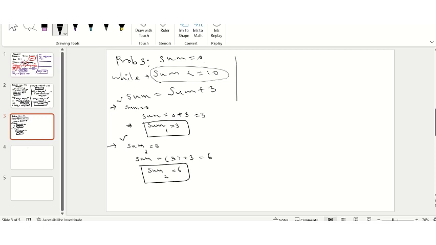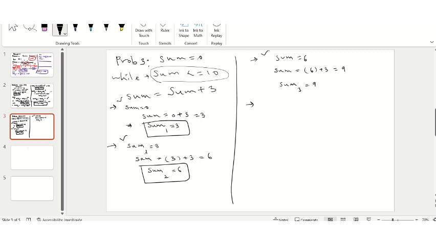Next. I am starting with sum is equal to 6. Again, is the while condition satisfied or not? It is less than or equal to 10. It is satisfied now. Now sum is equal to sum plus 3. It is equal to 9. So sum after the third iteration is equal to 9.